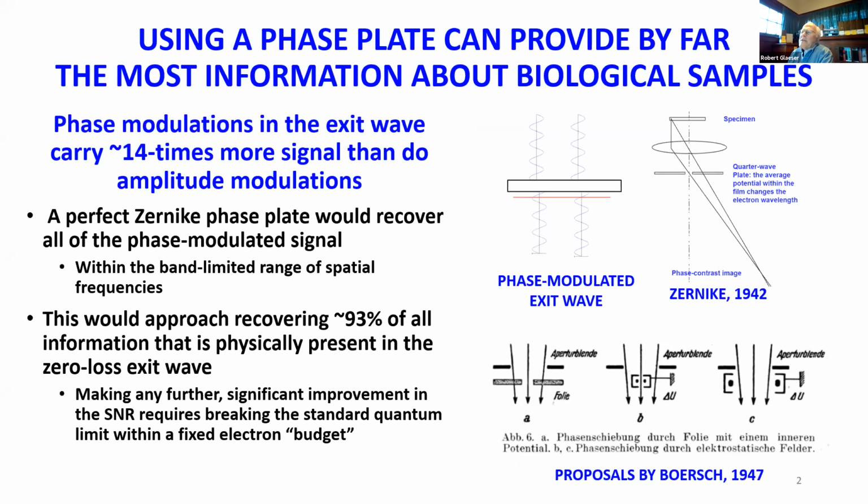A perfect Zernike phase plate would recover nearly all of the modulated signal, as I just said. And as background, consider the image of a slab with waves coming into it. At every point in the specimen, the wave has the same amplitude and the same phase if we illuminate with a plane wave. On the red line, the exit wave.